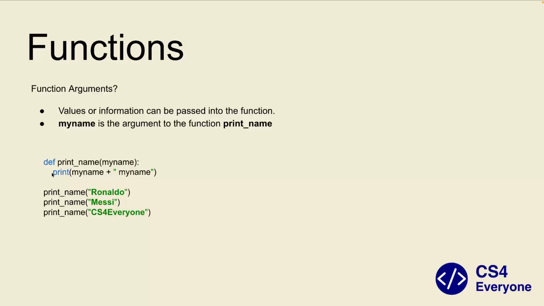This function has a print of my name plus my name. Outside of the function, we call the function printName 3 times, passing the values Ronaldo, Messi, and CS for everyone. So on the screen, we will have my name Ronaldo, my name Messi, my name CS for everyone, in that order, printed on the screen.